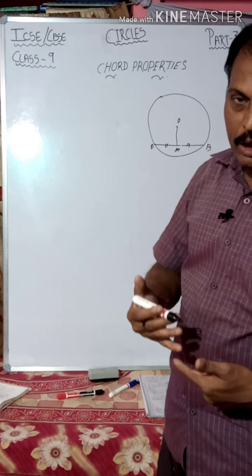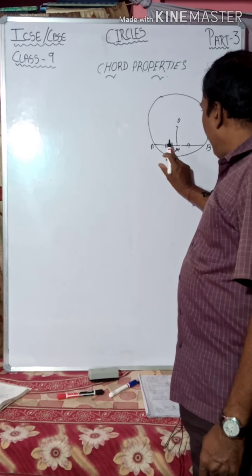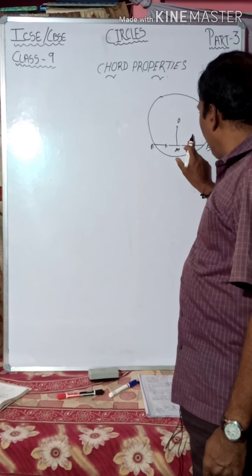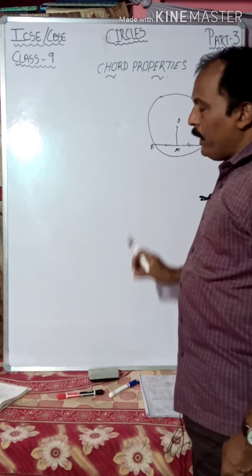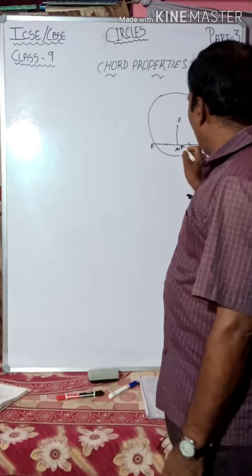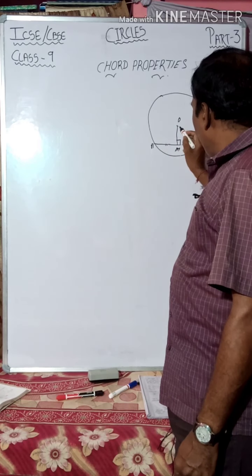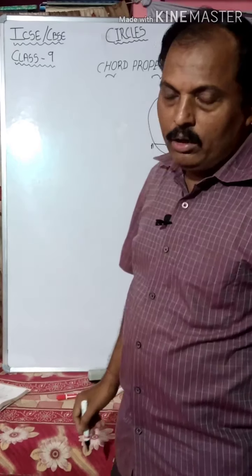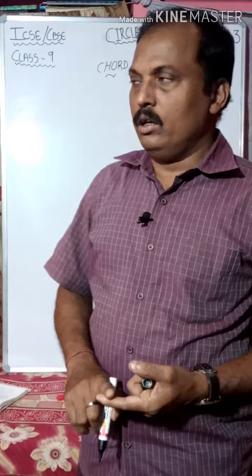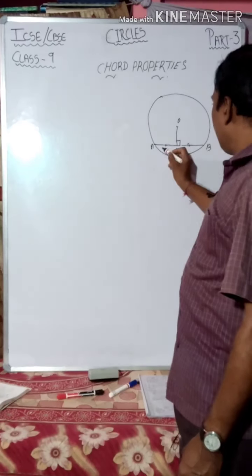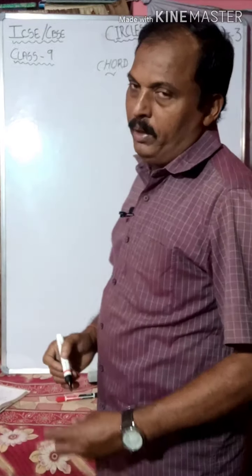And the next theorem was: if a line drawn from the center to the chord is perpendicular to the chord, then the line bisects the chord, means AM is equal to MB.